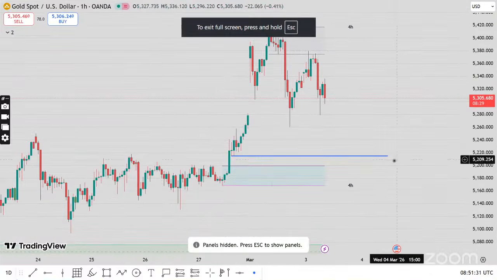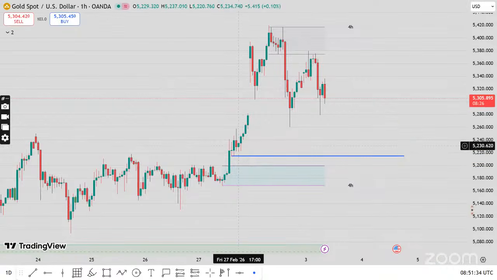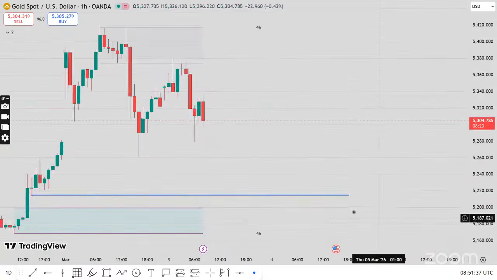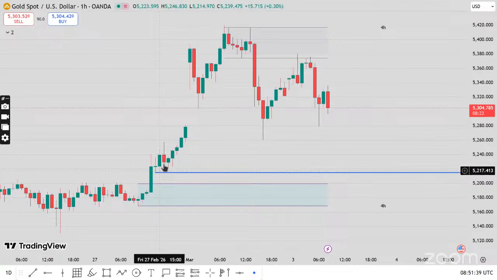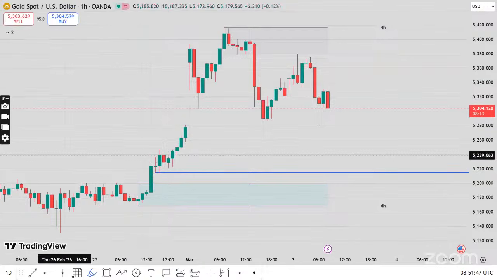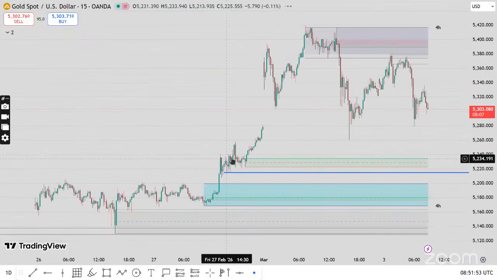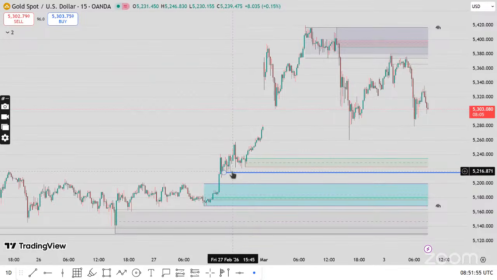This is on 1 hour. Now, I am pointing this tiny level over here. Let me zoom in very close. This level over here is an inducement. But how did I discover it? That's because if I go down to 15 minutes, you would obviously see it as a level.